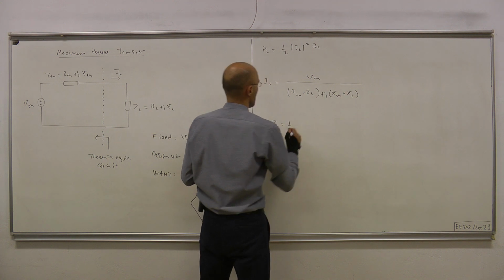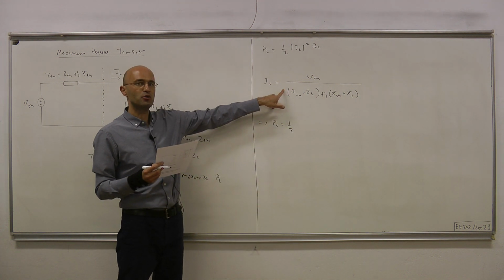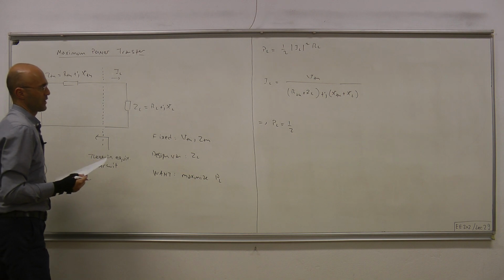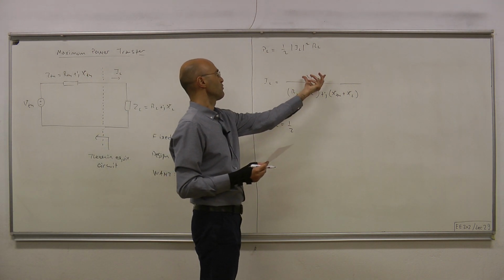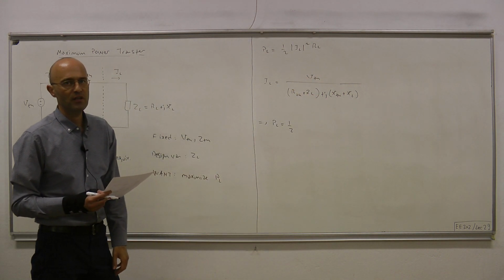Therefore, PL equals 1/2 times the magnitude of that fraction IL, which is the magnitude of the numerator divided by the magnitude of the denominator.